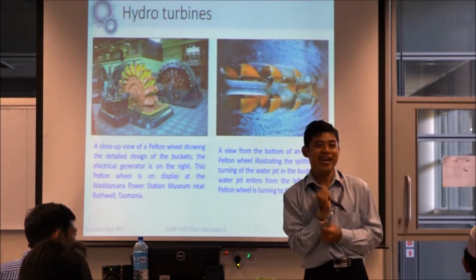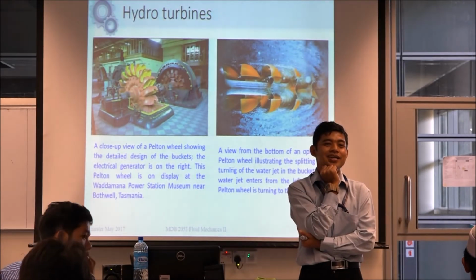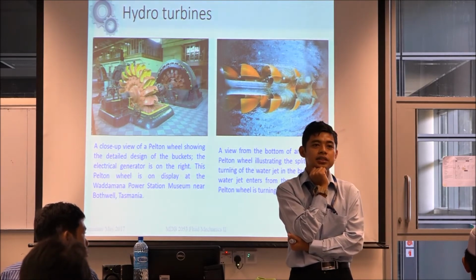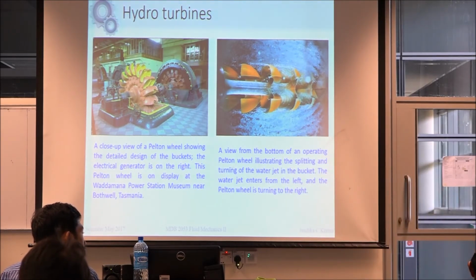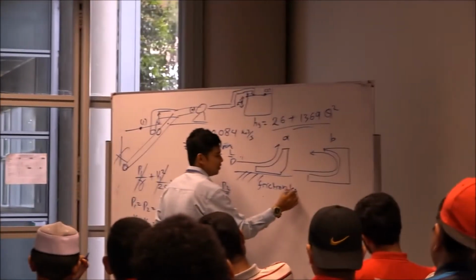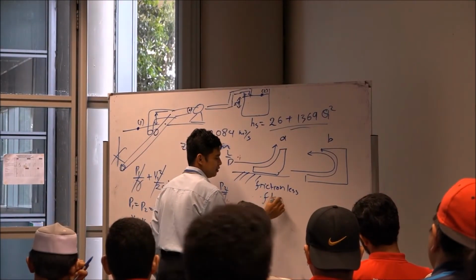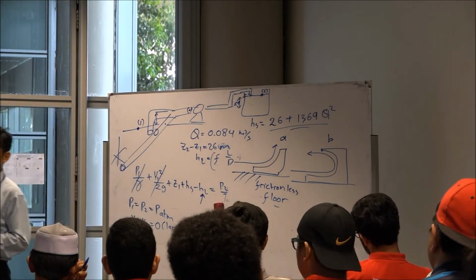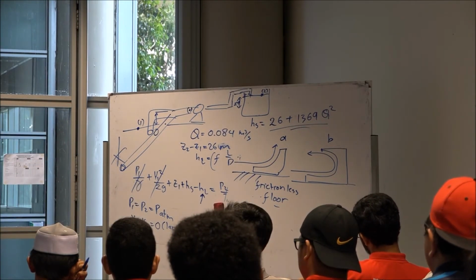Why A? Lower loss. Lower losses, but both of these are located in the frictionless floor. So which one is better? Why B?